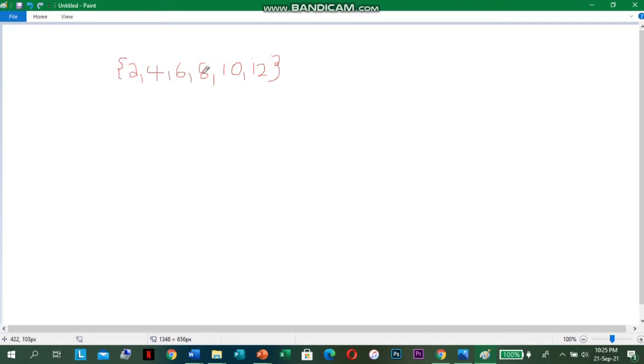So here now we represent these numerals and numbers as one set. Now we can call this set, we can call this set B.